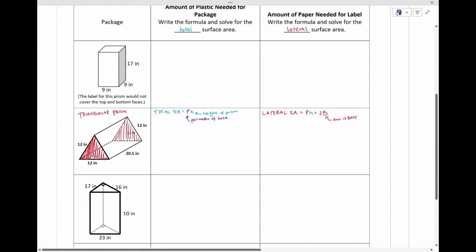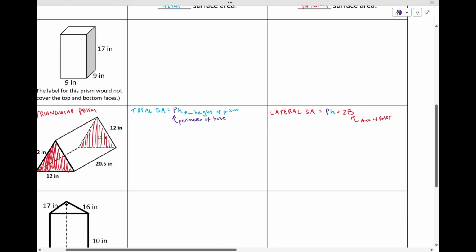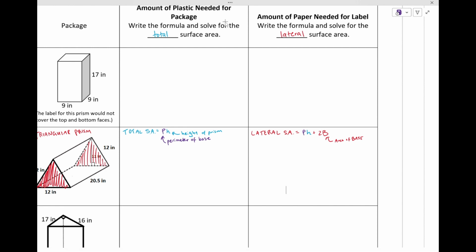Okay, so all you got to do is figure out what your values are that you need to plug into here to get your answers. Okay, so total surface area, and I'm sorry, I mixed these around. Hopefully you caught that. This is why you got to be careful and check your work. So plus 2B is actually going to go over here.